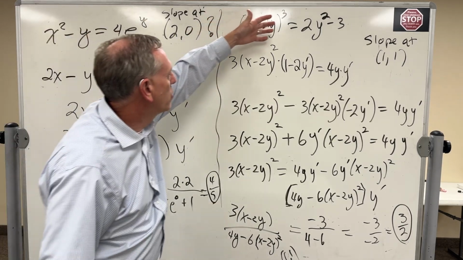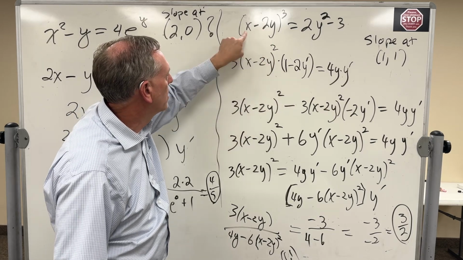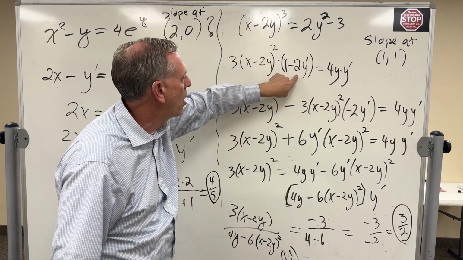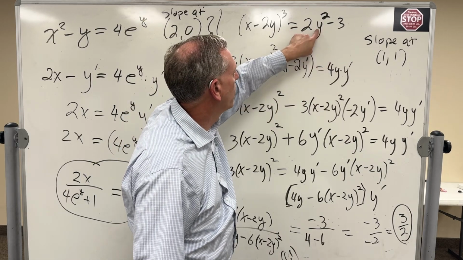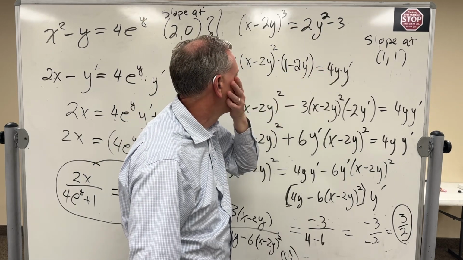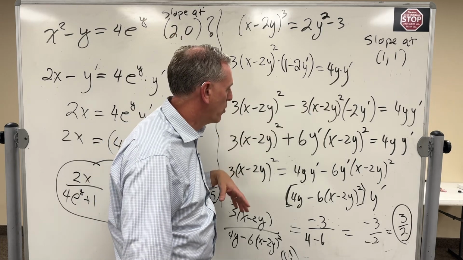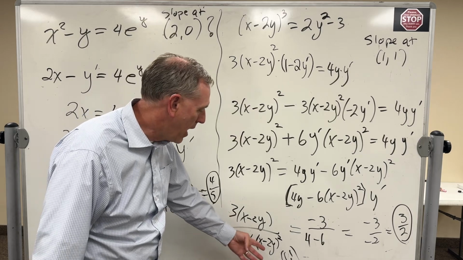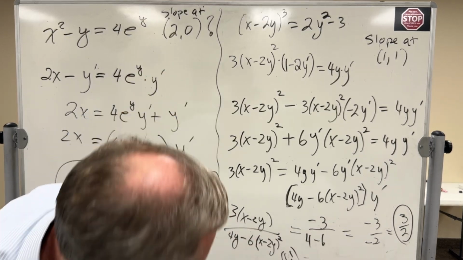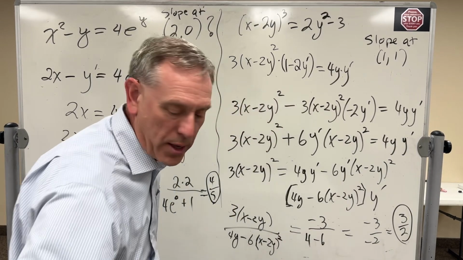So we're going to take the derivative of the whole, 3 times (x - 2y)^2, times the derivative of the inside, 1 minus 2y prime, equals 4y times the derivative of the inside, which is y prime. And then it's really just algebra after that. The rest of this is just algebra, and we get it simplified to where this is y prime. And we're going to solve this for the slope at the point we were looking for.